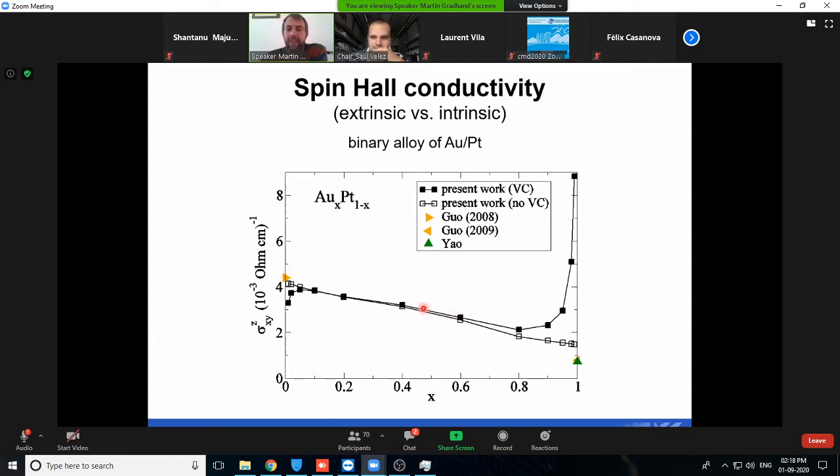If those 2 points are not dramatically different, then for most of the region you get a very similar number as platinum would have. If, for example, the other side's intrinsic value were negative, then in a 50-50 alloy you might find a negative or zero contribution coming from the intrinsic spin Hall conductivity.